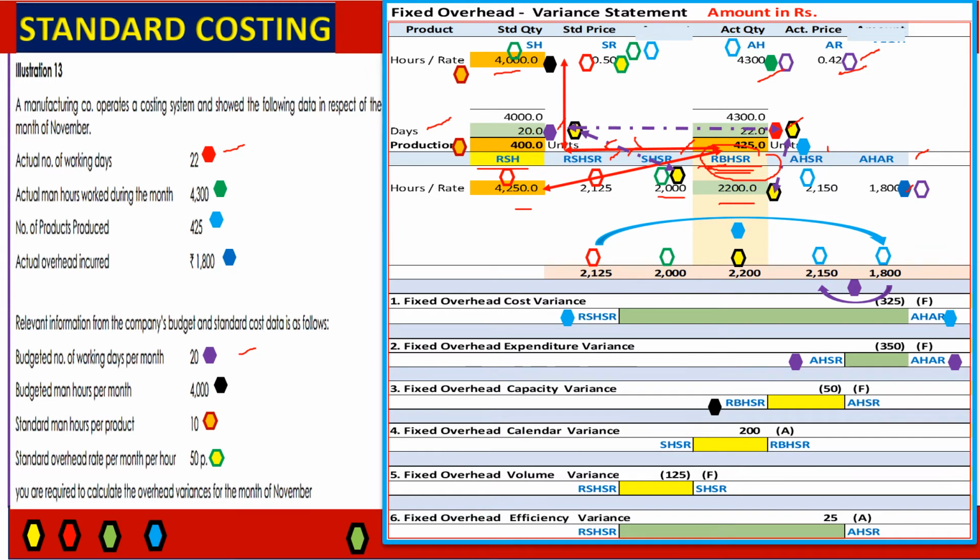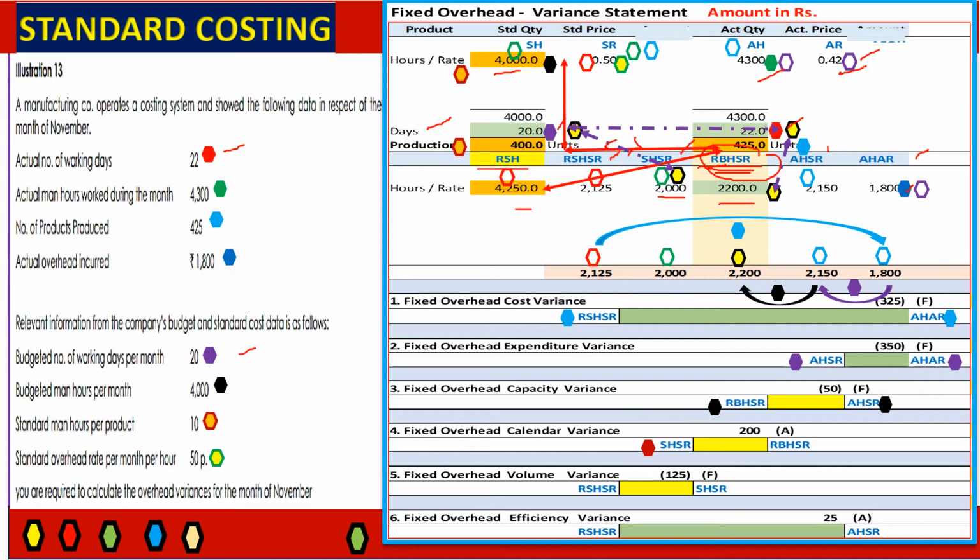Capacity variance, go in the same fashion. Now we have got one more column. Therefore, 2150, that is RBHSR to AHSR, means AHSR minus RBHSR. 2150 minus 2200 is 50. 50 is minus, it is favorable.